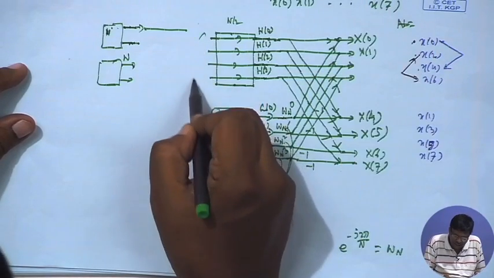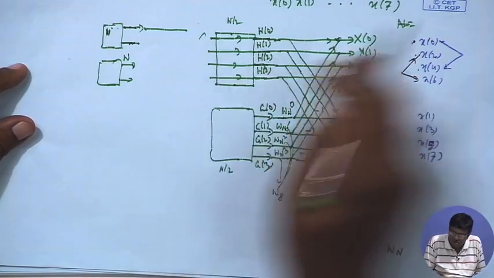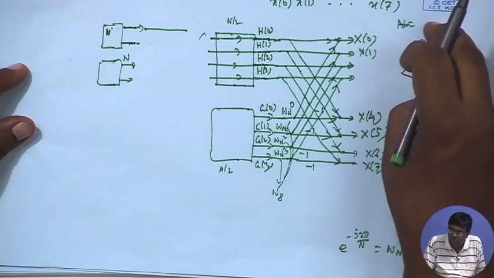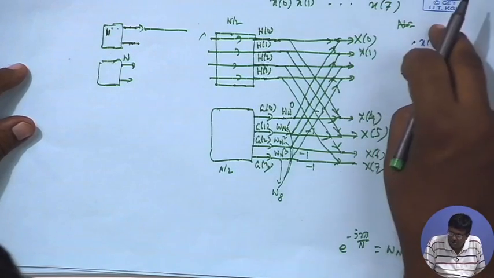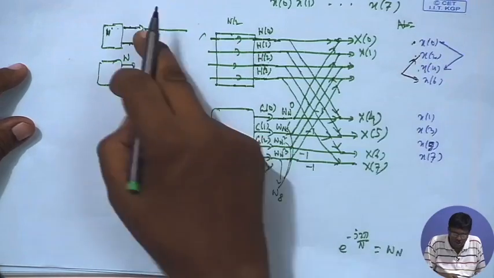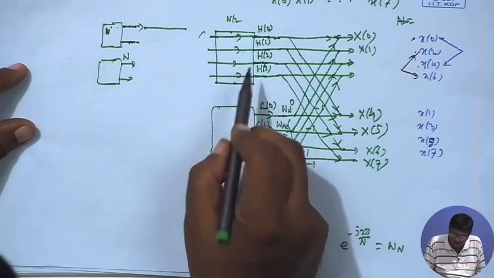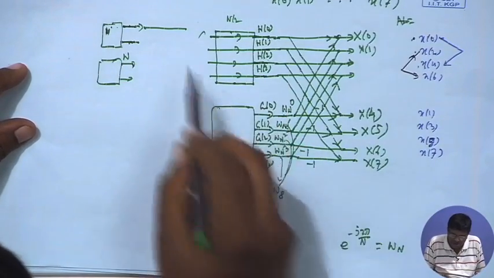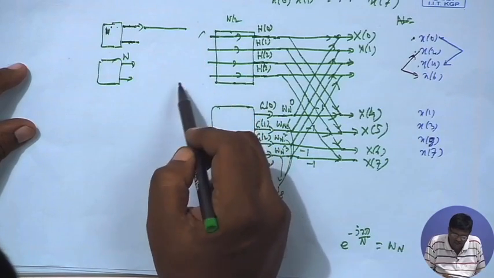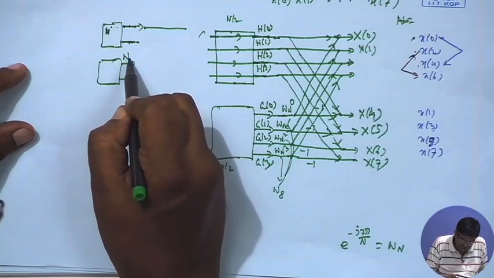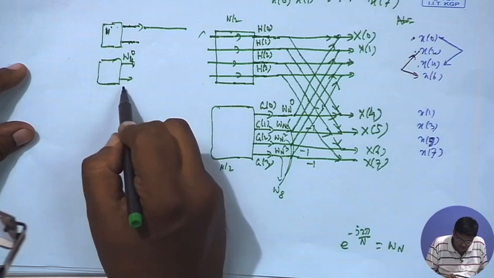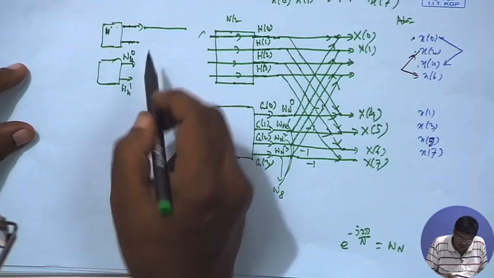Similarly, here the total length is 4. The length of the sequence is 4. I am trying to find out its DFT. So, n is 4. I am dividing this into 2 sub hubs, 2 hubs. But the W formula, the W n was coming from this length, final length, that is 4. That is why now this will be W 4 to the power 0, W 4 to the power 1.